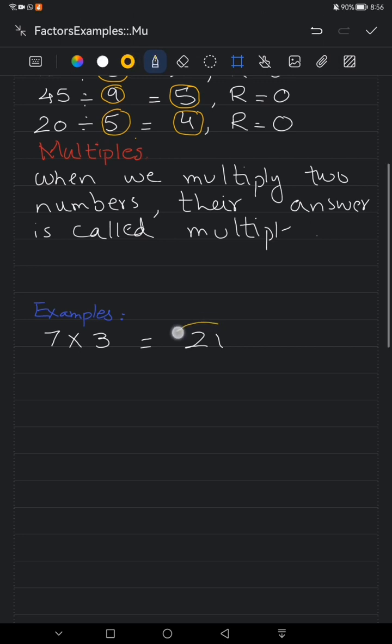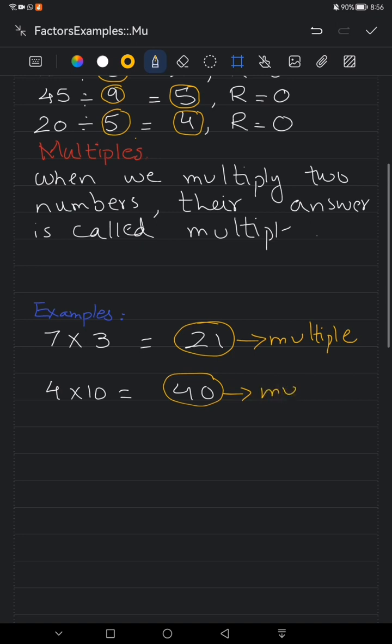So I can say that 21 is a multiple of 7 and 3. Similarly, if I multiply 4 by 10, the answer I get is 40. So 40 is a multiple of 4 and 10.